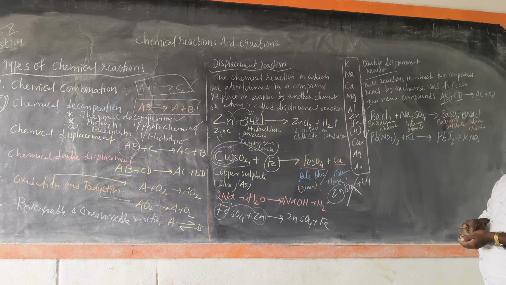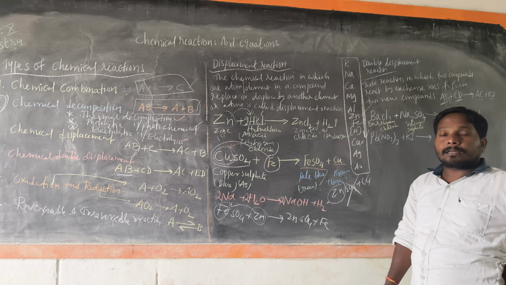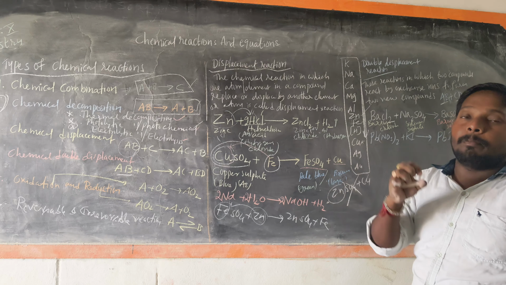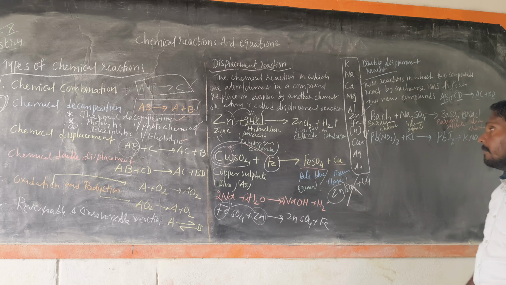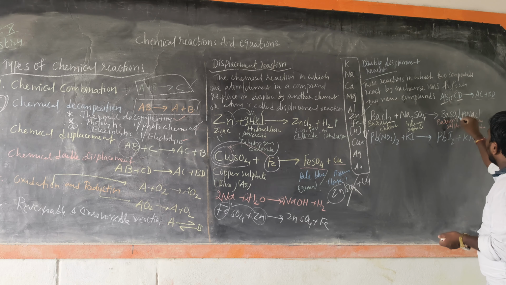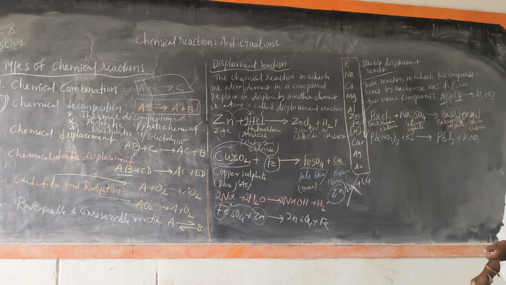As we discussed, one of the characteristic features of a chemical reaction is that a precipitate may form. Here barium sulfate is formed as a precipitate.